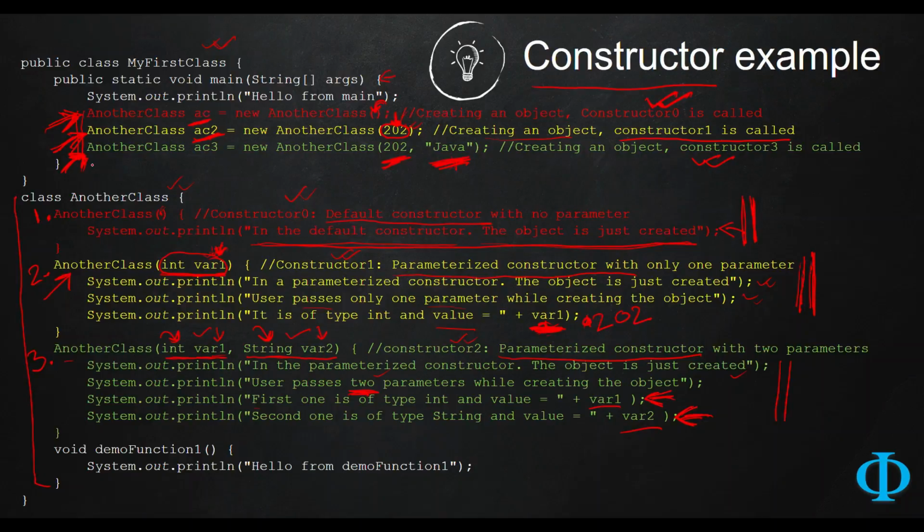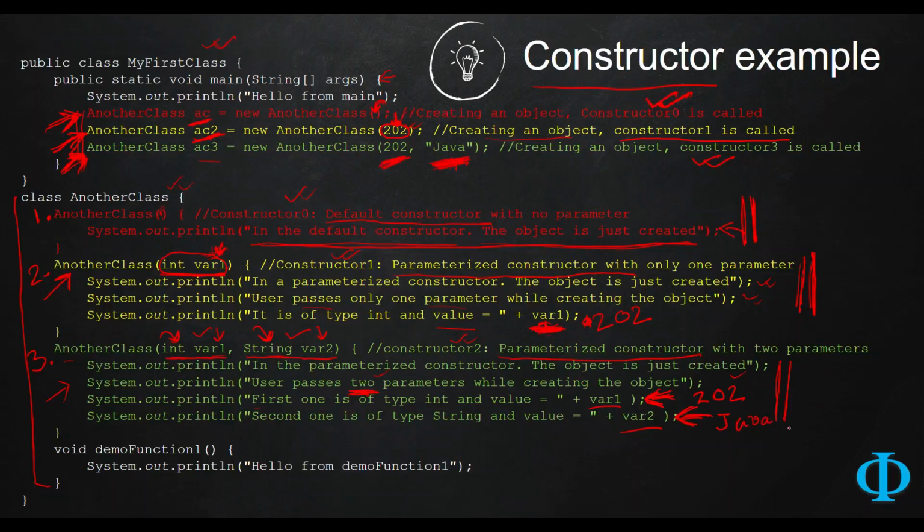And the third object, when AC3 is being created with an integer as well as a string, this constructor 3 will be executed. All the lines here will be executed, and here the value of var1 should be printed as 202, as well as the value of var2 printed as Java.